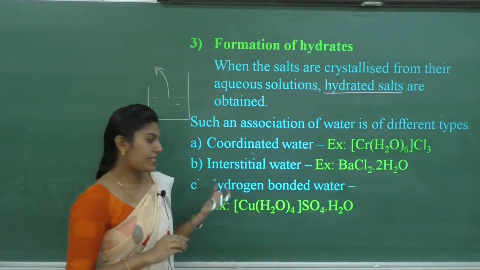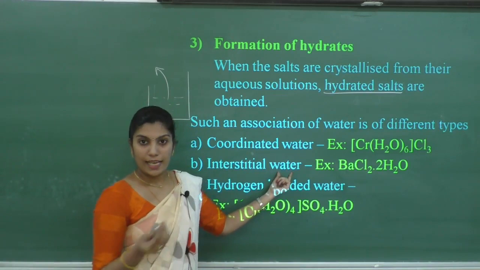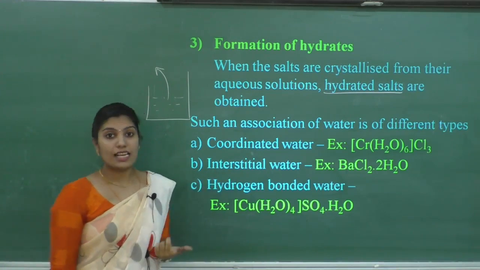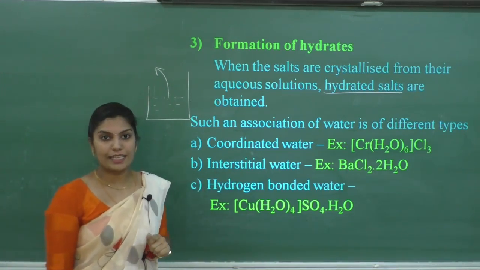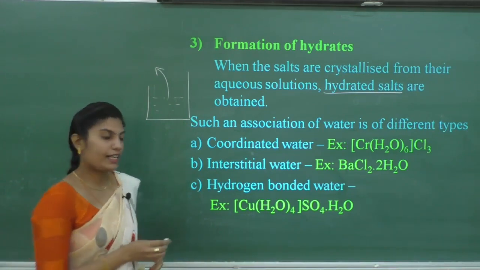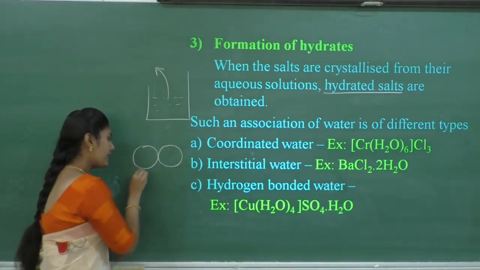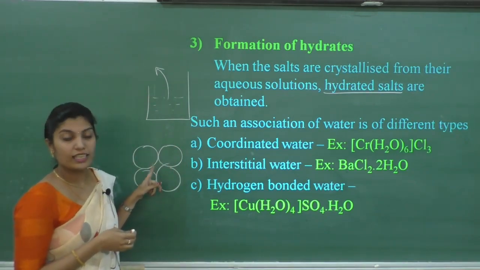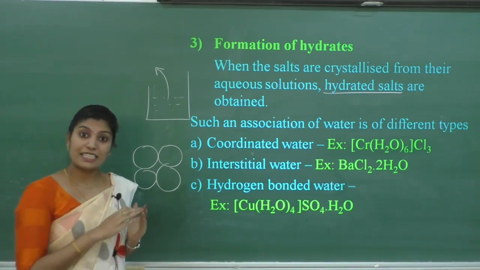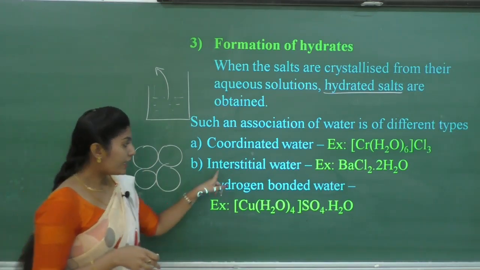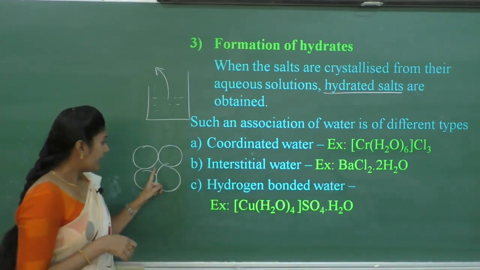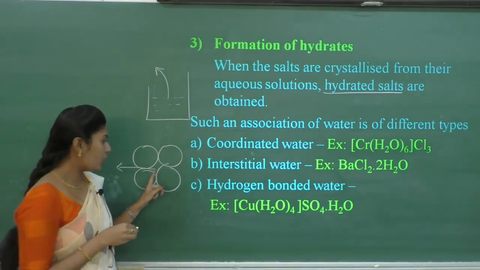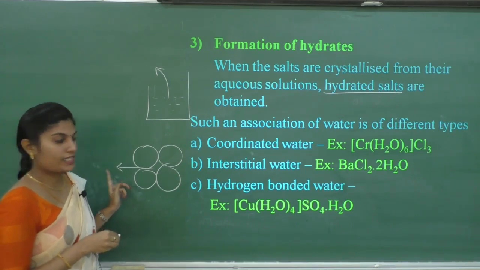Next, the second type is interstitial water. Example, barium chloride dihydrate, BaCl2·2H2O. In the last class, you studied interstitial hydrates. What do you mean by interstitial hydrates? If we consider the crystal lattice, the space in the crystal lattice is called interstitial voids.